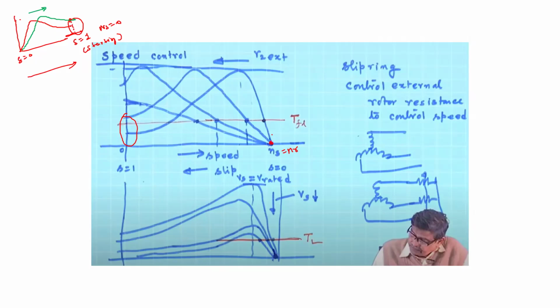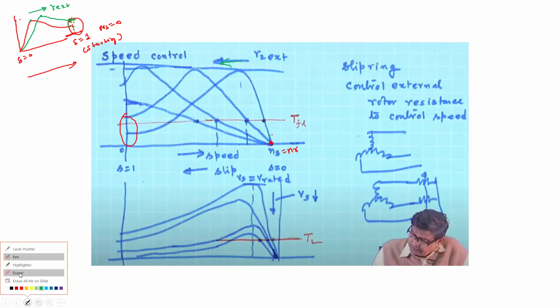As you keep on increasing R external, the curve will shift in such a way that the maximum torque shifts, and your starting torque also becomes high. Because sir has drawn it in the reverse way, for him it is shifting towards the left. It is just flipped horizontally. Okay, that is all.